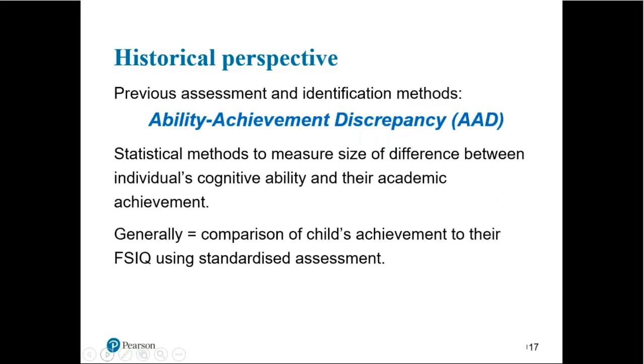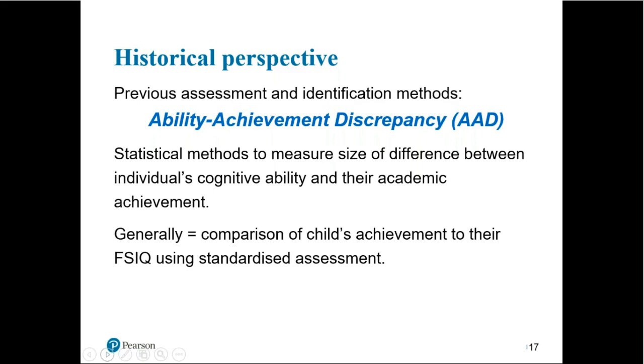So this is probably the most frequently used method of identifying a specific learning disability. For anyone who was trained in the 80s, 90s, potentially early 2000s, you are probably very familiar with and potentially still using this particular method to assist with your diagnostic process.